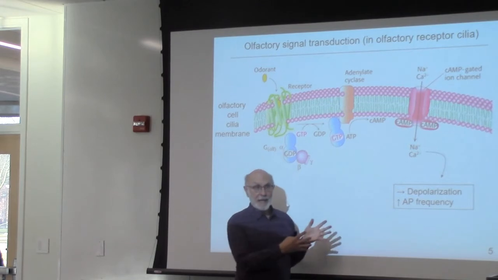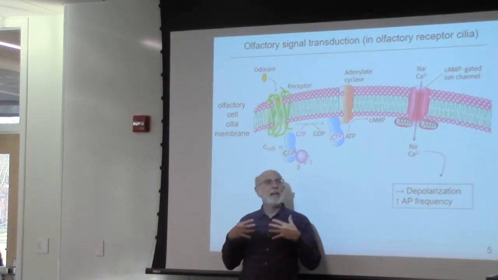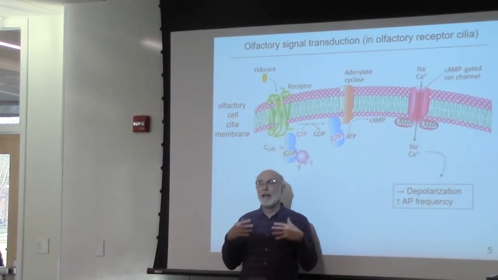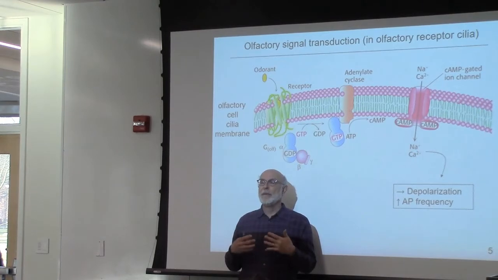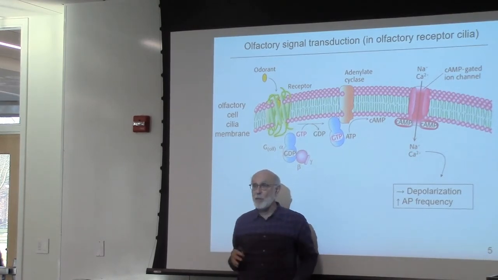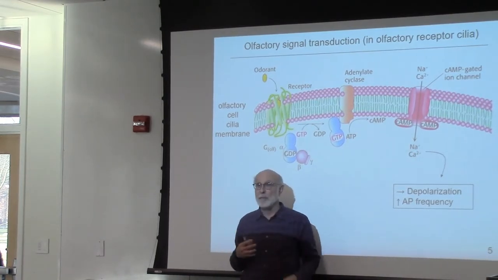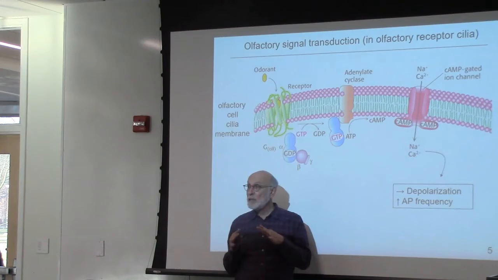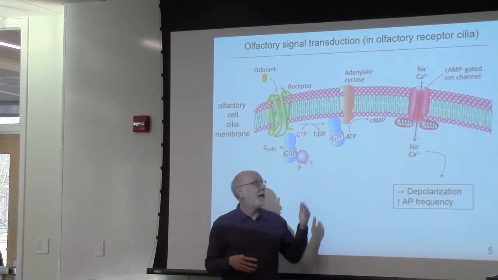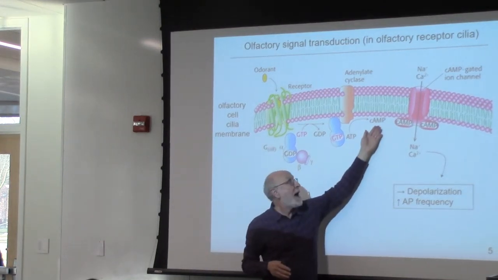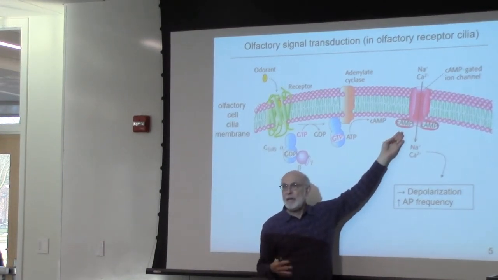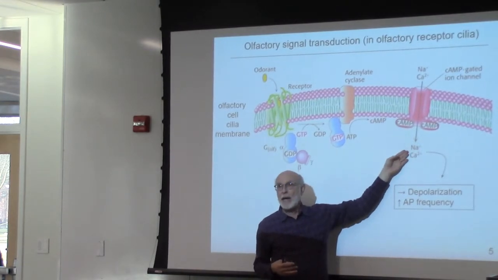In this setting, so you know that Gs activates adenylyl cyclase, cyclic AMP activates PKA. There's the pathway you're accustomed to. In this pathway, we don't have to go to PKA. The cyclic AMP activates a cyclic AMP-gated cation channel.